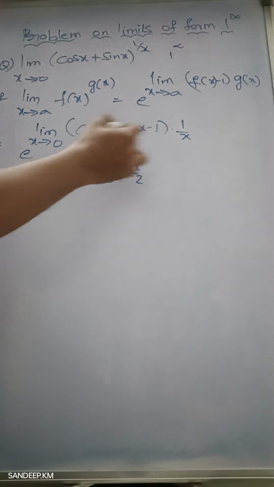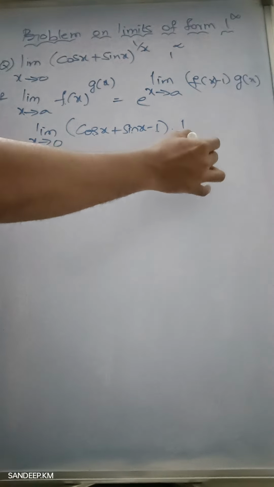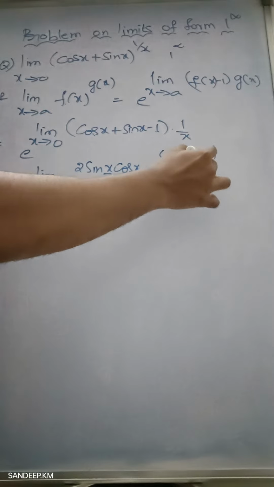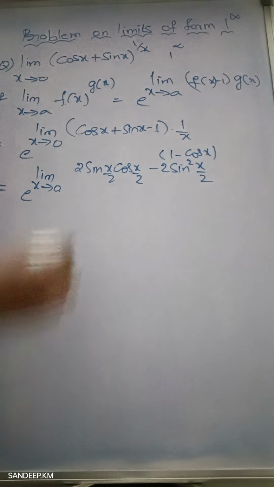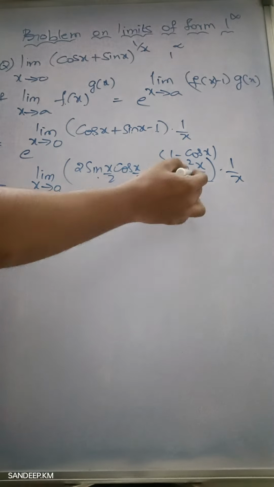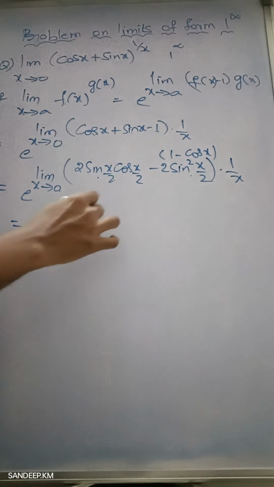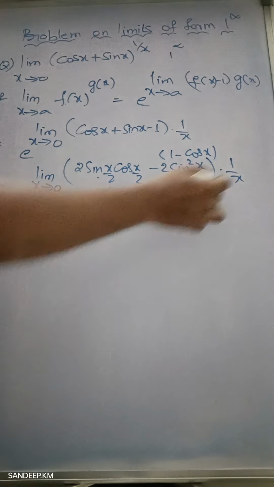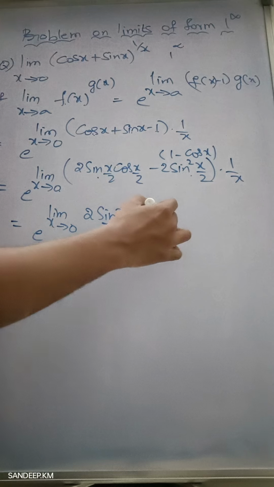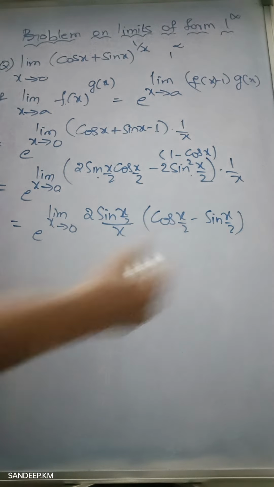And in these two terms, if I take minus common, I'll get 1 minus cos x, and we can write 1 minus cos x as 2 sin square x by 2, into 1 by x. So we can take sin x by 2 and also 2 common in these two terms. So 2 sin x by 2, with by x here, into the remaining terms, cos x by 2 minus sin x by 2.